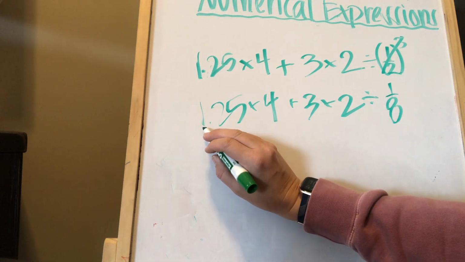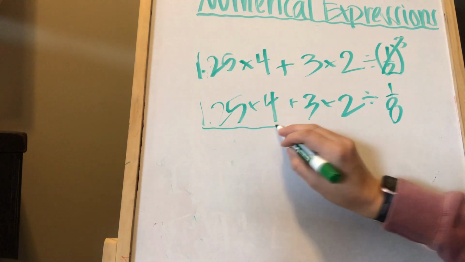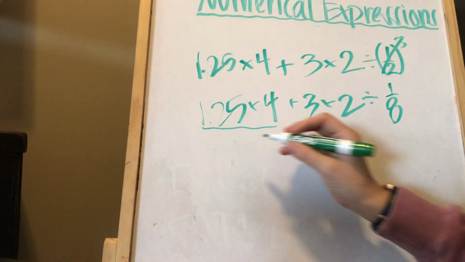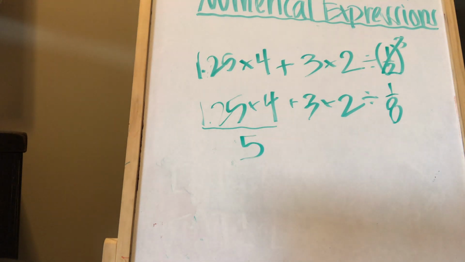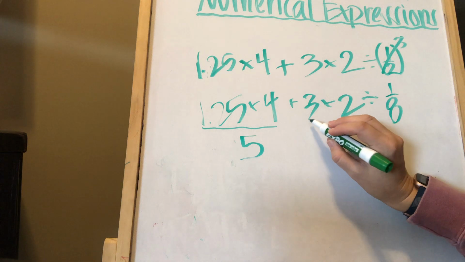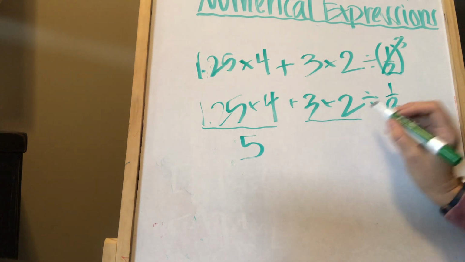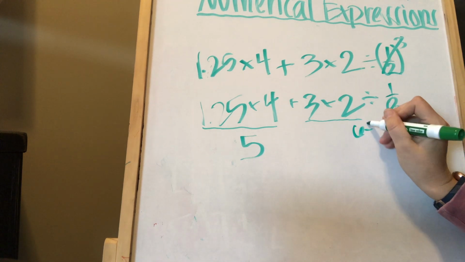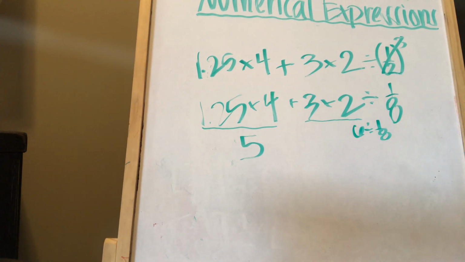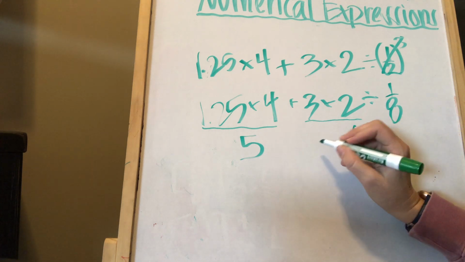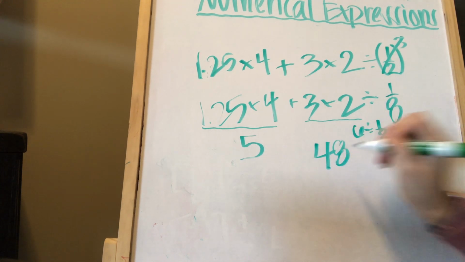My first thing is 1.25 times 4, which is equal to 5. Next, I'm going to do my 3 times 2, which is 6. But then I'm going to divide that by 1/8. If I do 6 divided by 1/8, I get 48.